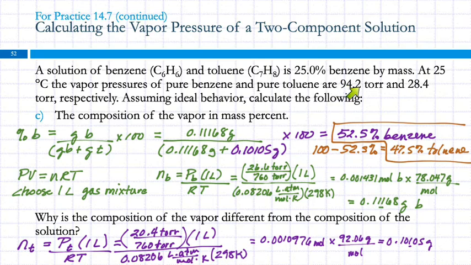So this higher vapor pressure, and it's like 3 times higher, right, says that benzene evaporates more rapidly than toluene does. So although the solution is 25% benzene, that's more volatile than the toluene, so it's going to contribute more to the composition of the vapor than the toluene will.